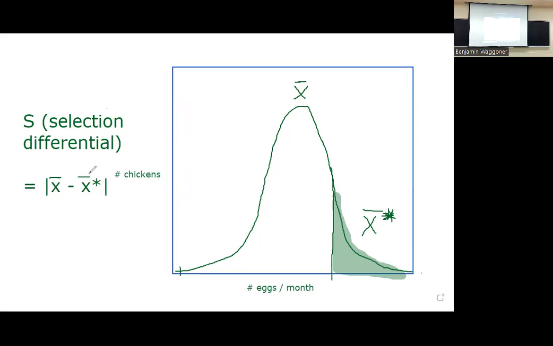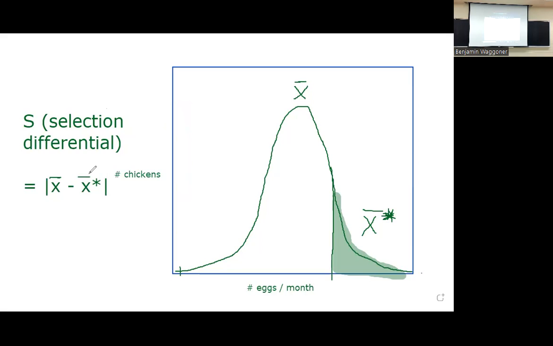All right. So the selection differential is equal to the absolute value of the average of the trait before you do selection and the average of the trait after you do selection.